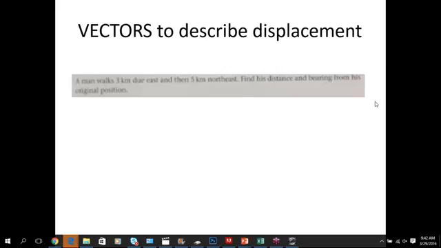I traveled about 11 kilometers to get here this morning. That's a scalar distance. But if I take a straight line and measure from where I left to where I am now, despite how far I traveled, from where I started to where I finished in a straight line, that's my displacement.